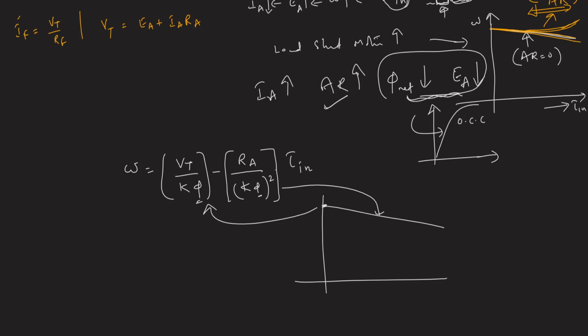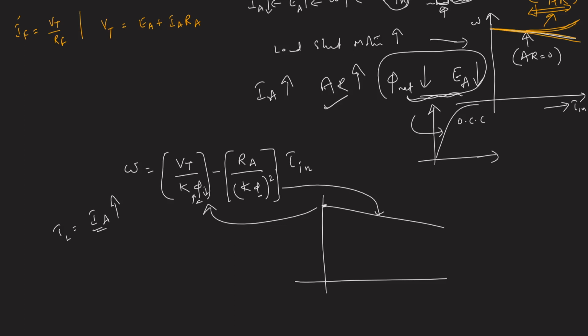But this phi is actually varying with the increase in load current or torque. Now, with the reduction in the flux, what happens to this intercept, this constant?